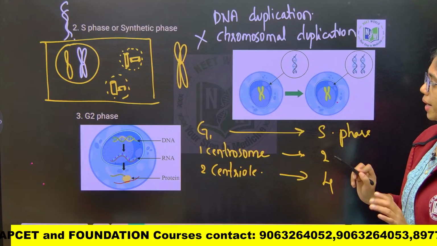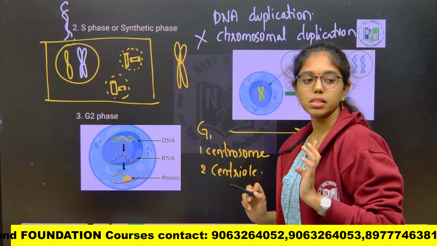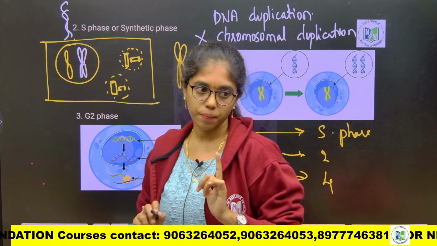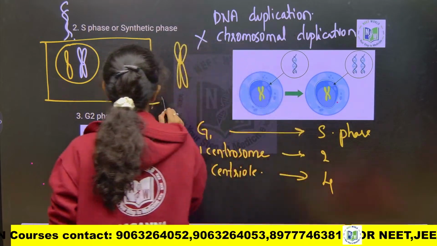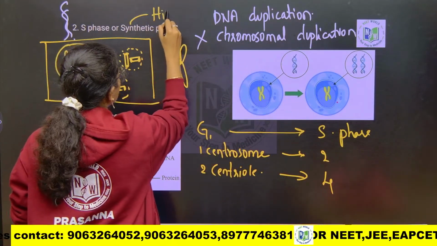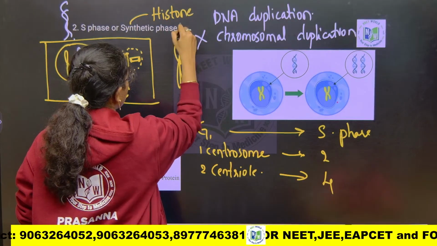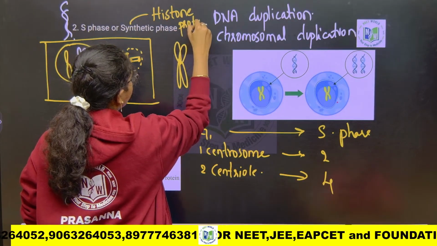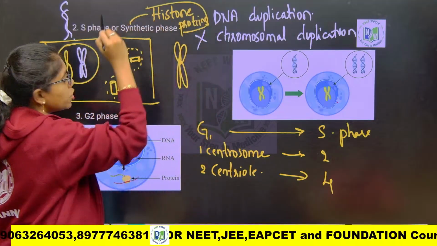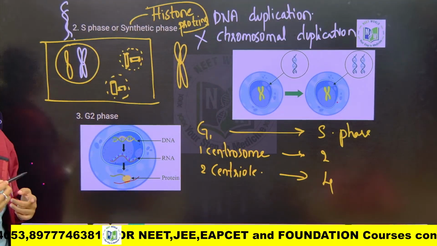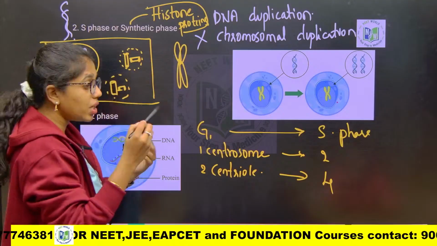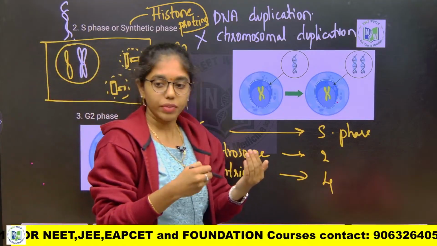There is one major protein synthesis that happens in the S phase. Those proteins are histone proteins. Histone proteins are synthesized during which phase? S phase. Why are histone proteins synthesized?